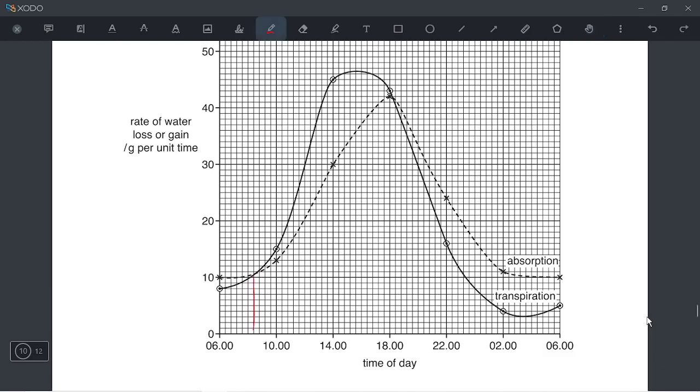The rate of absorption is lower than the rate of transpiration, and it is so until 18, the time of the day, right? From 9 until 18, the rate of absorption is lower than the rate of transpiration. The rate of transpiration is higher here.